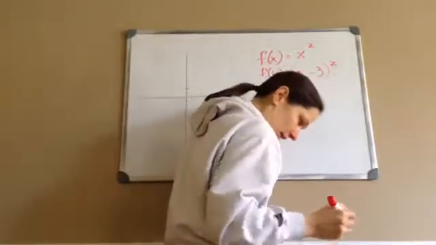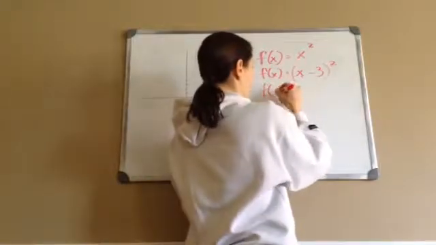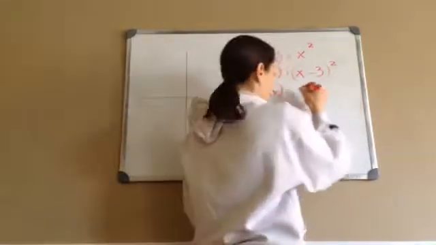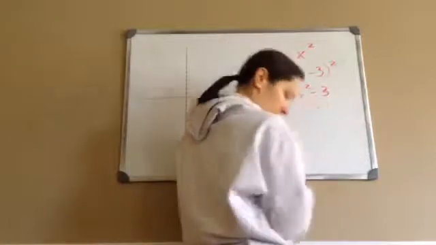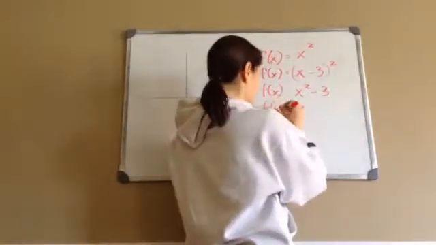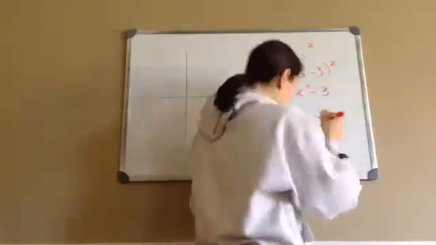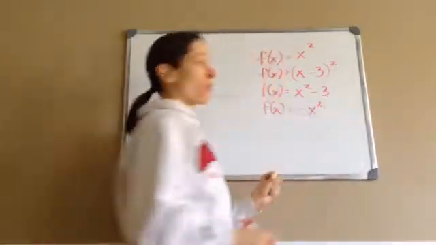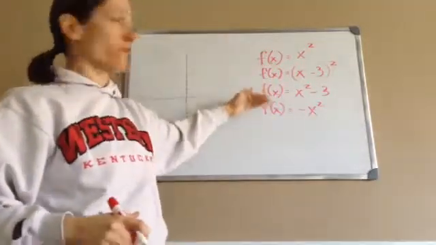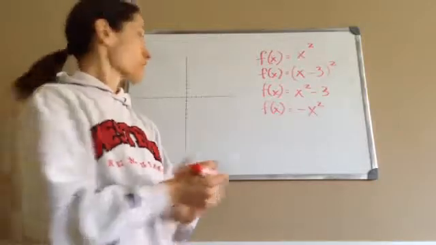Another example is f of x equals x squared minus 3. And the last one they're showing in this book is negative x squared. What do you notice about each of these four? X squared. The squared.